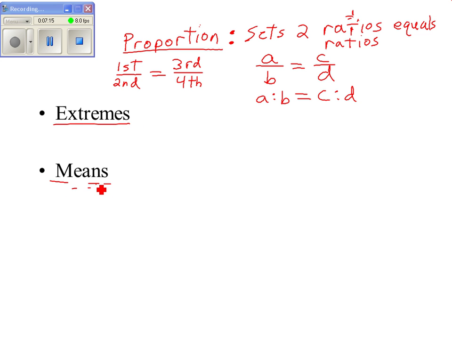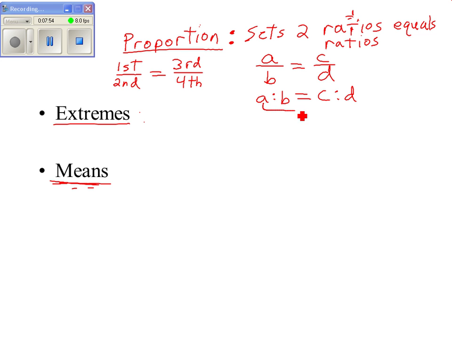Anybody have a guess? Which ones do you think are the extremes? Looking at this right here, what does extreme mean? Alright, so which of these letters do you think are the extremes? There's two of them.